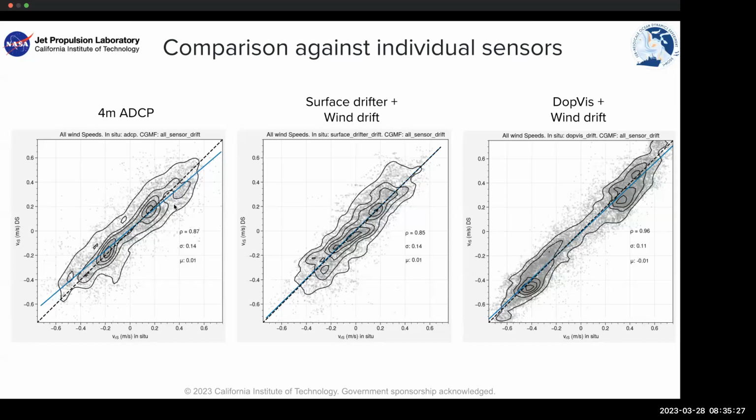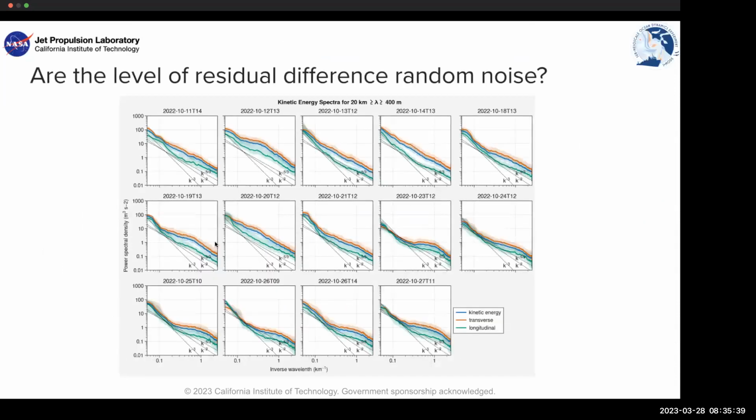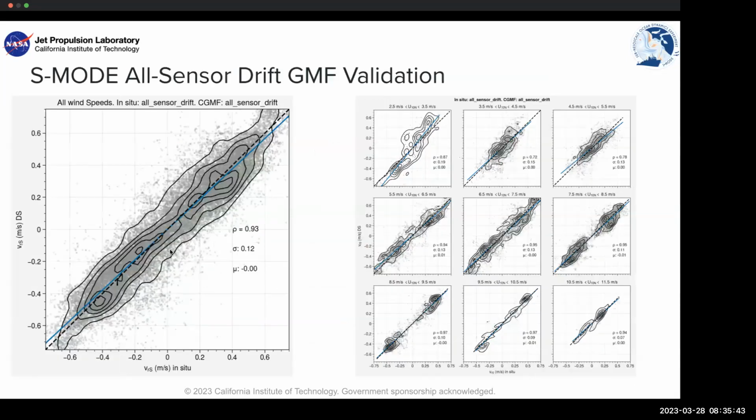Some of the dispersion here may also be due to the fact that there's vertical shear in the currents, and so we're getting differences there. So to try to convince you that it's not all noise, because if you look at this, you say, well, 12 centimeters per second, what am I going to be able to do with that?